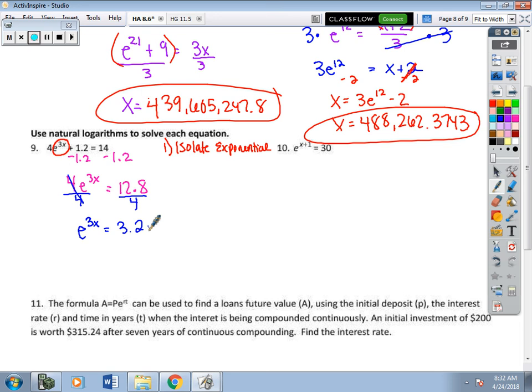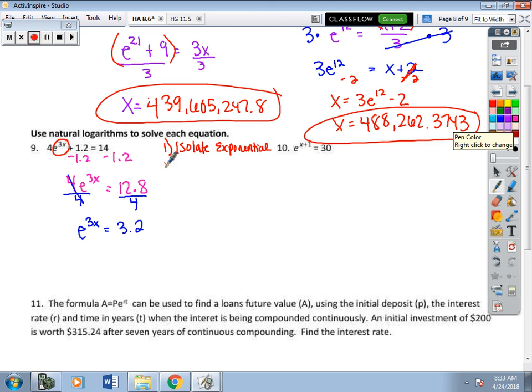So anytime you have a lot of stuff going on, you need to isolate that exponential before you can take the logarithm of both sides. Now, technically you could still take the log of both sides, but it's just easier to take the natural log, and you'll see why in just 1 second. Give everyone a second to get caught up.